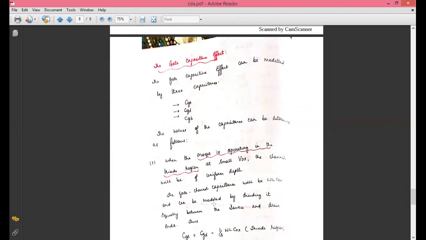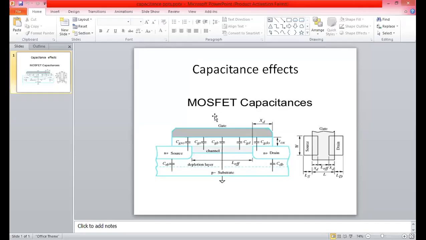Okay, see, I will show you once again. Here, this is the slide. Can you see the slide here? See, gate capacitance means the capacitance that are associated with the gate. CGS, CGD, CGB, CGSO, CGDO. Associated with gate means you should have the G term here.